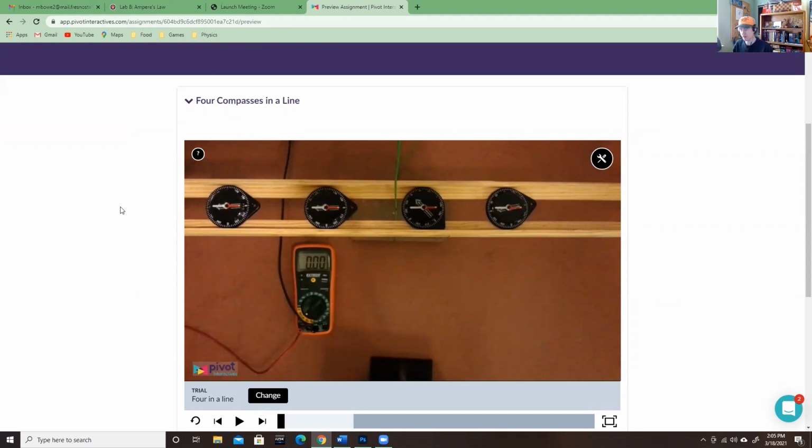What we're looking at is a tabletop, looking down on it. There are 4 compasses that are elevated a bit above the tabletop. They're sitting on this wooden track with a gap inside of it.